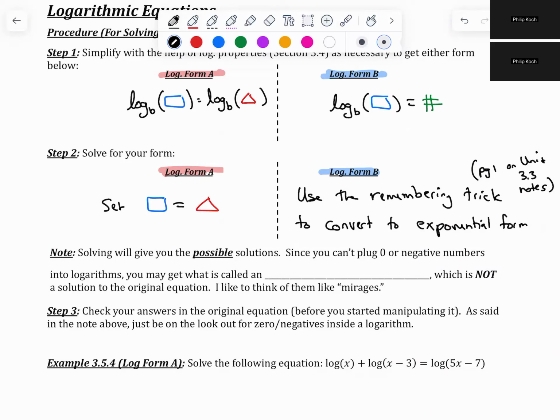So here's the problem, though. Herein lies the rub. The solutions that come from these equations are the possible solutions. Since you can't plug in 0 or negative numbers into logarithms, you may get what we call an extraneous solution.